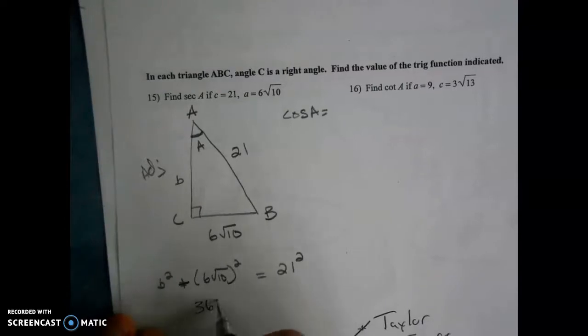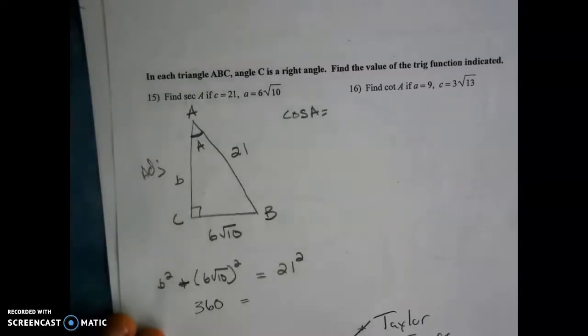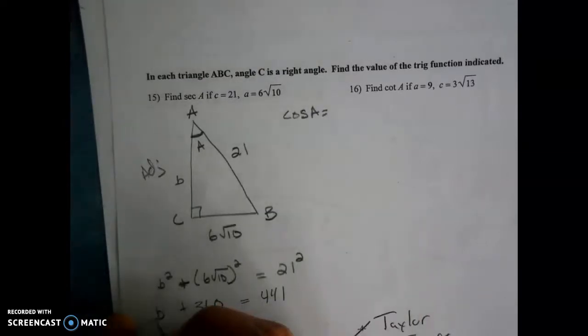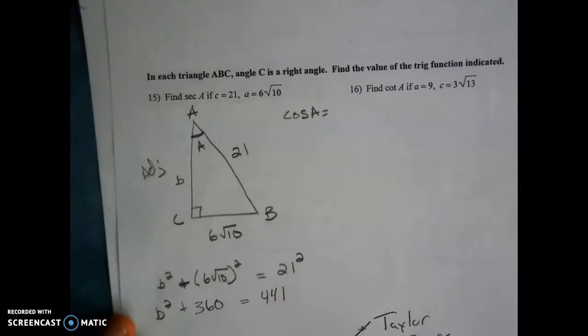This gives me 360. This gives me 441 plus b squared. Okay, continue to get b by itself. So I'm going to subtract over that 360. b squared is equal to 81. Then square root both sides.